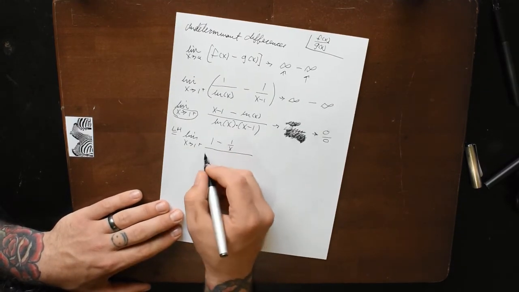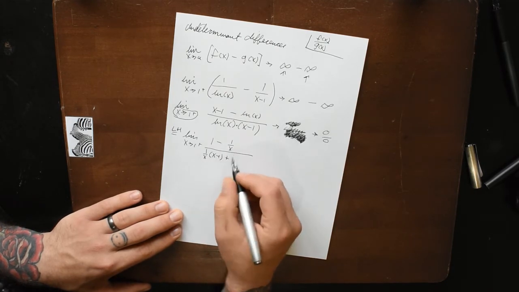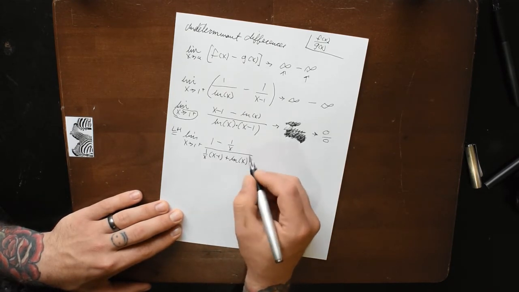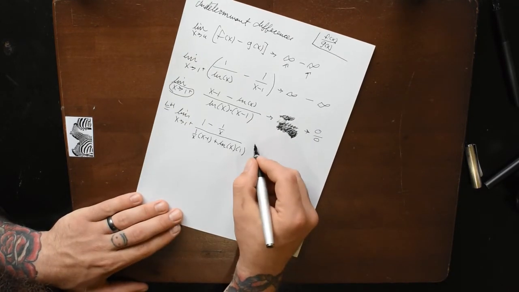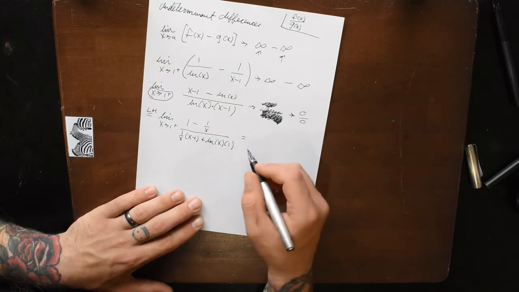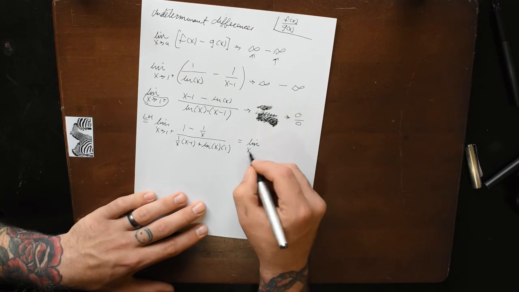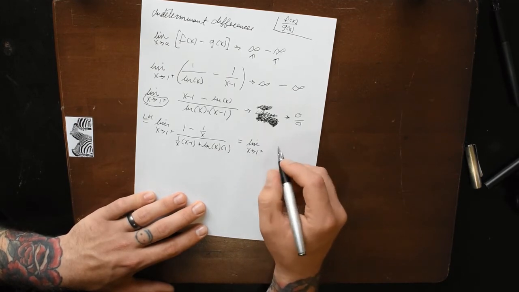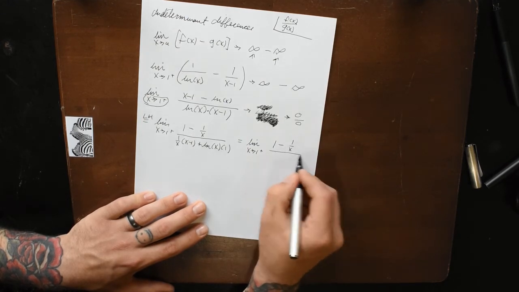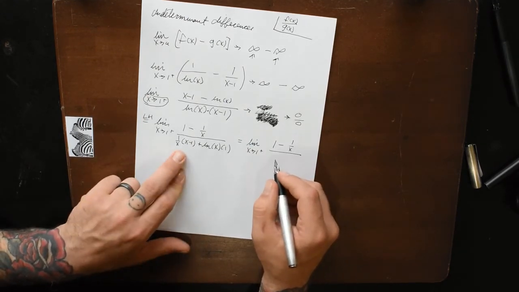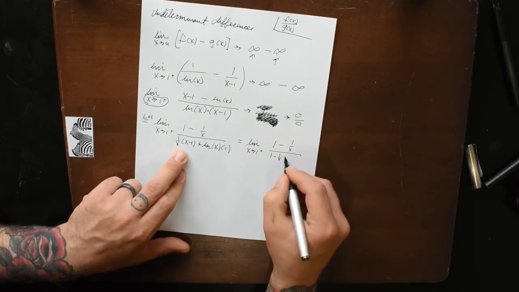We take the derivative of the first times the second plus the first times the derivative of the second, which is 1. I'm just going to rewrite some stuff here. We'll call this the limit as x goes off to 1 from the right of 1 over 1 minus x, divided by 1 minus 1 over x plus the natural log of x.